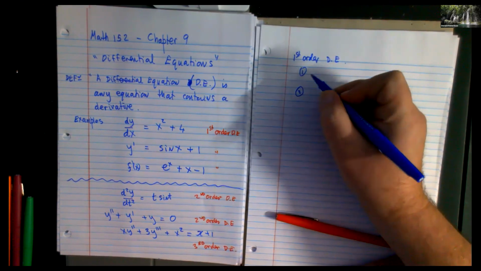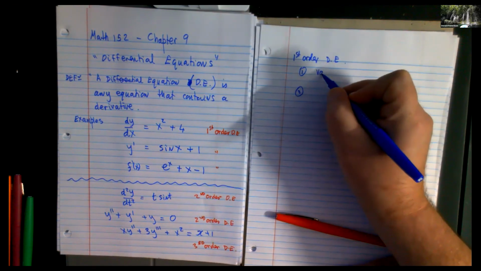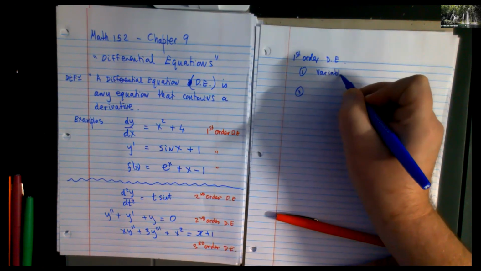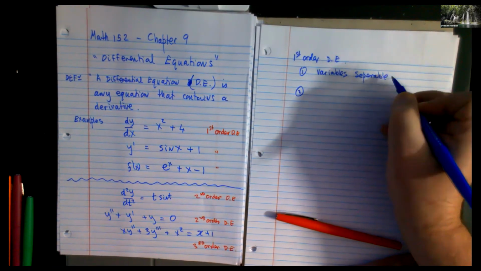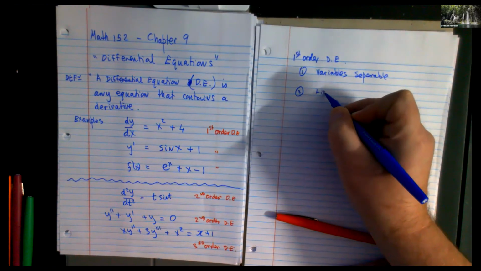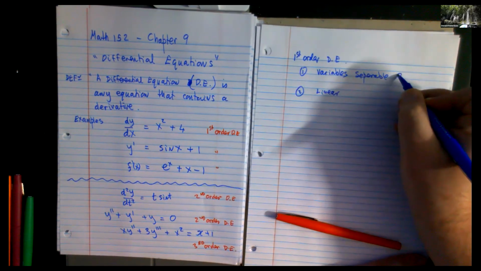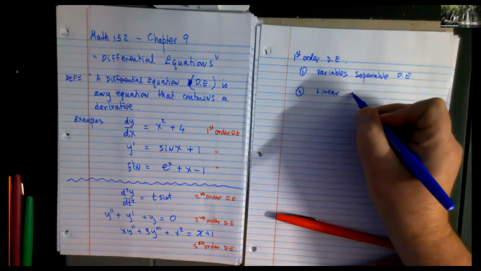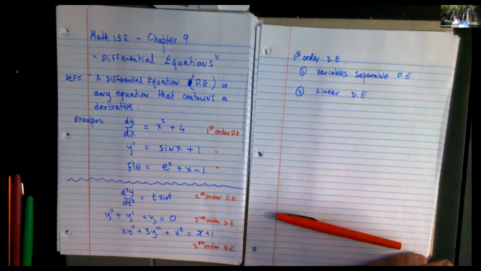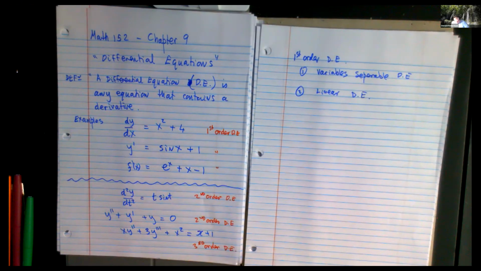One is called variable separable, and the other is called linear. So we're going to look at how to solve variable separable differential equations and linear differential equations. It's useful if you can tell people a little bit more about your differential equation.